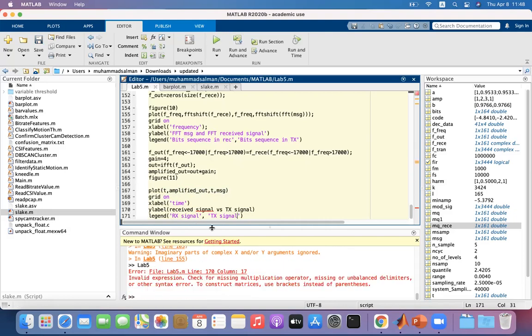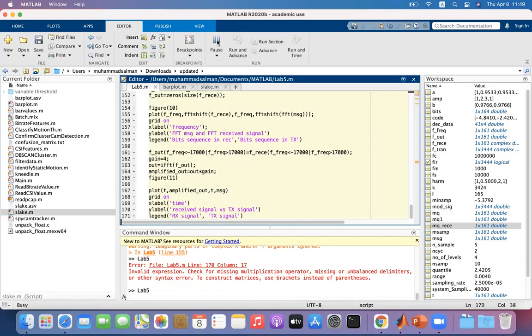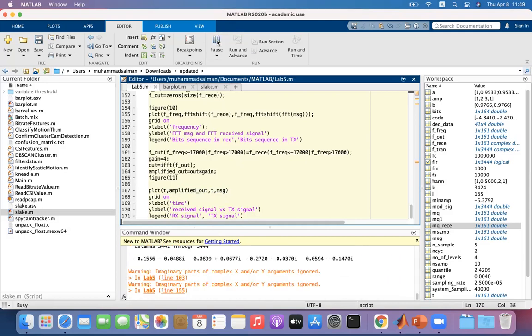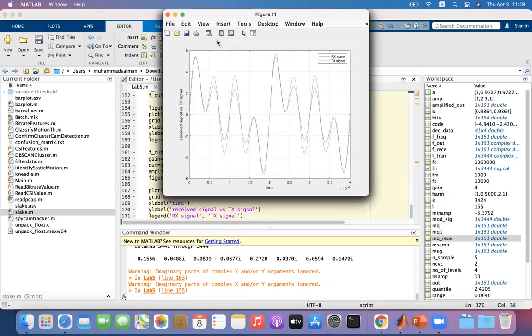Oh, invalid expression. Okay, yeah, it should be in this form. Here we go. So this is the transmitted signal. The red one is the transmitted signal, and the blue one is the received signal.